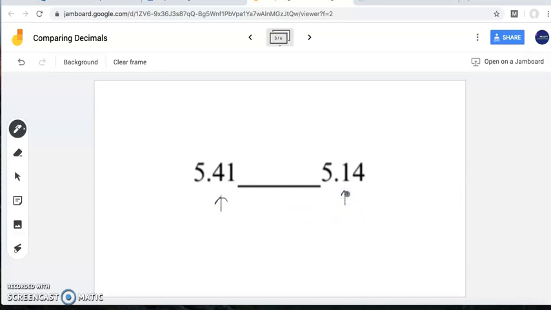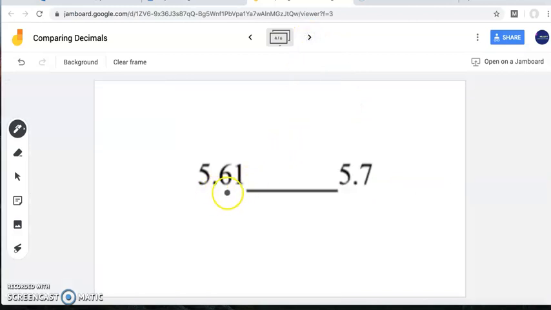I know the digits are very similar in both of these numbers, but it's really important that you still work your way from left to right, no matter if the digits are similar or very different. So now looking at my tenths place, 4/10 is clearly larger than 1/10. Therefore, 5 and 41/100ths is greater than 5 and 14/100ths.